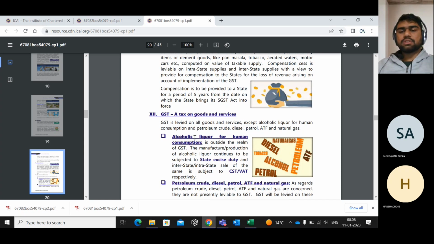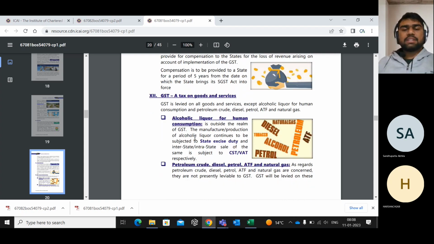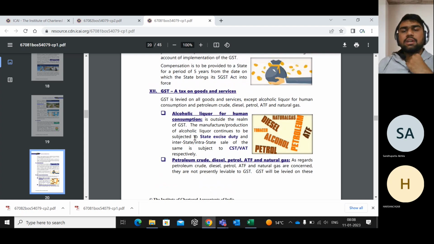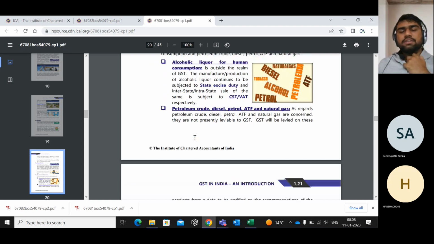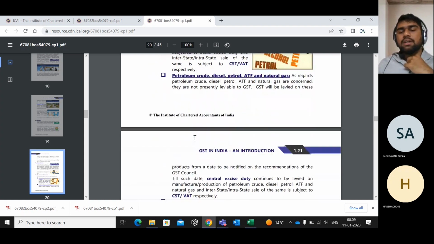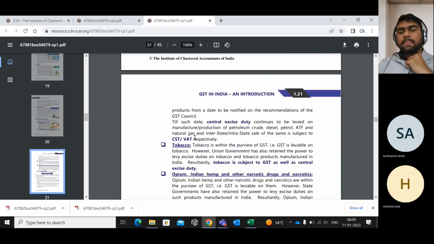There are some goods which they didn't bring under the purview of GST. That is alcoholic liquor for human consumption, petroleum crude, diesel, ATF, and natural gas. And there are some real estate transactions where the sale has happened after the completion certificate is received.